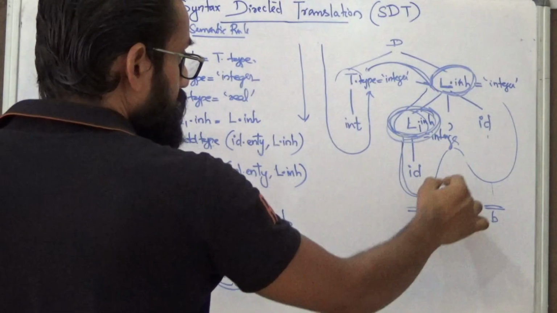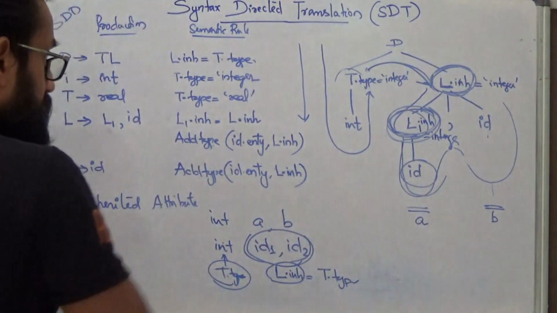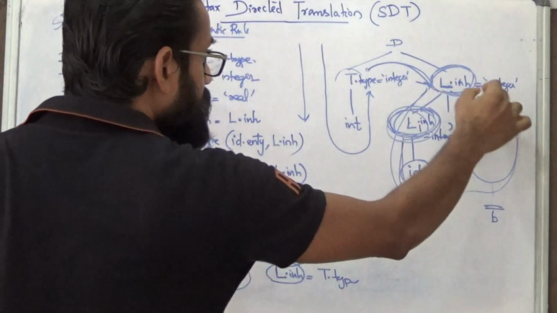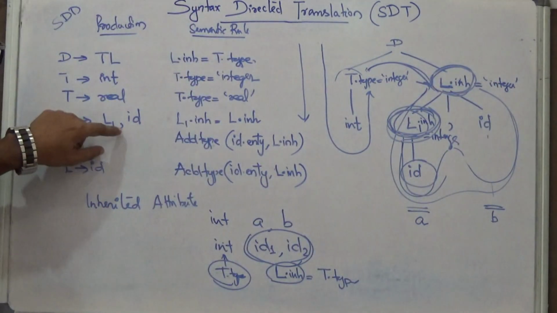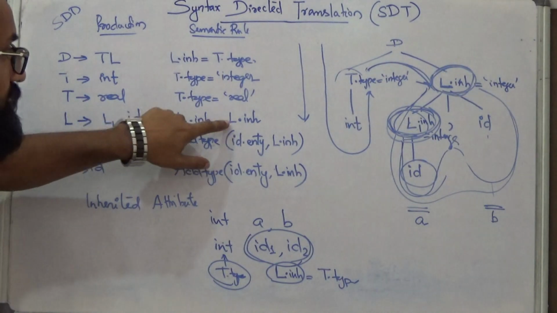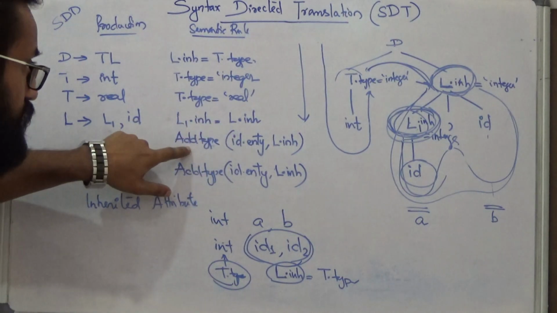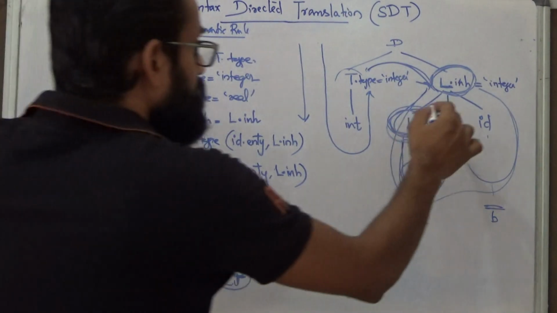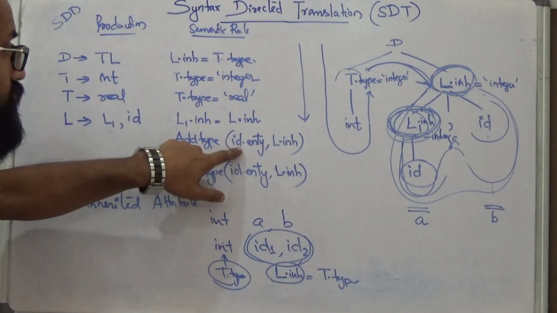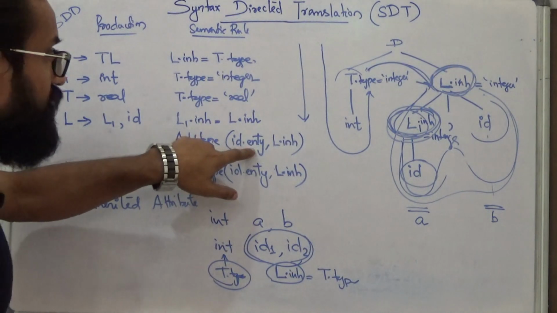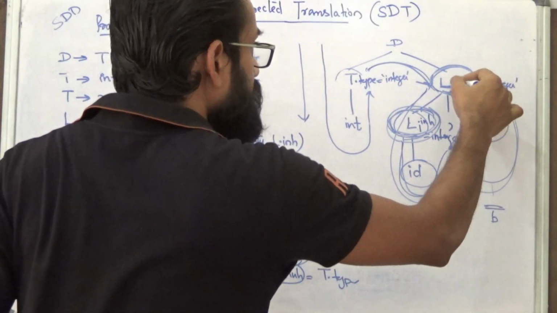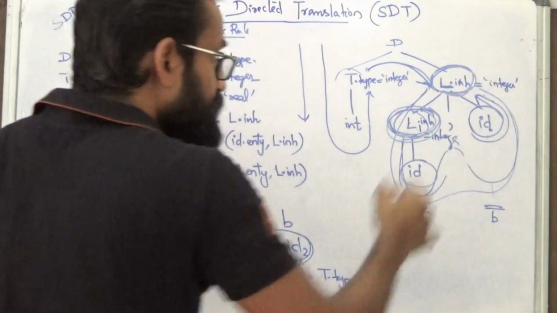Now when it processes this one, it will perform this action. This subtree will be processed as such, that is L giving L1 comma id, and L1.inh will be given the value of its parent, followed by performing the operation addType(id.entry, L.inh).